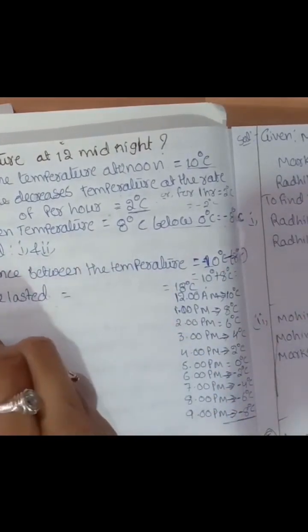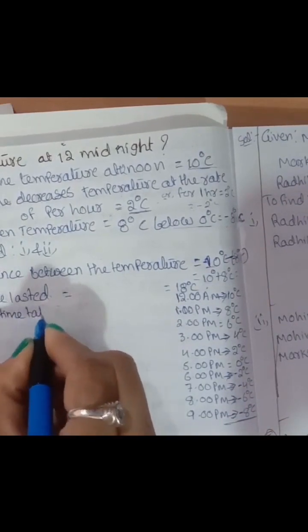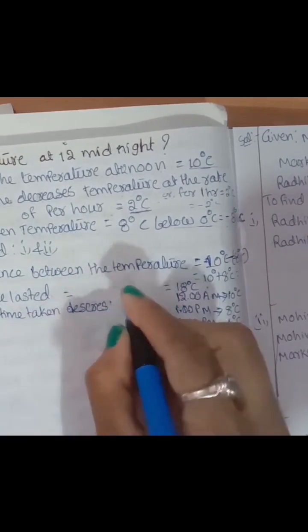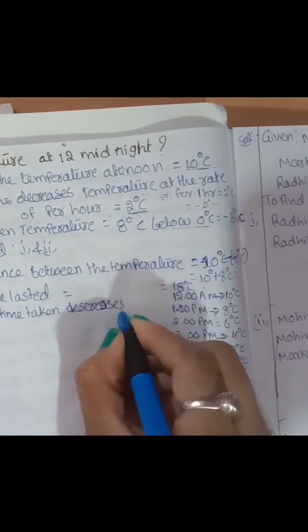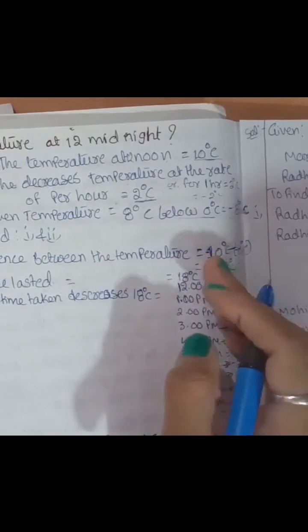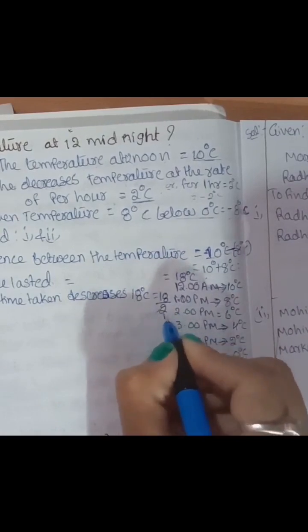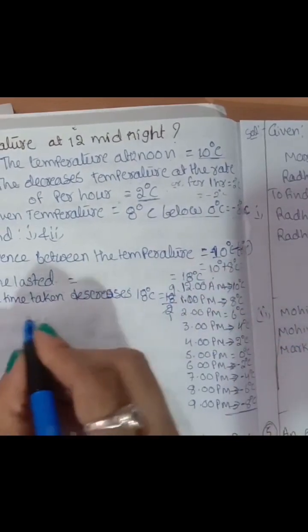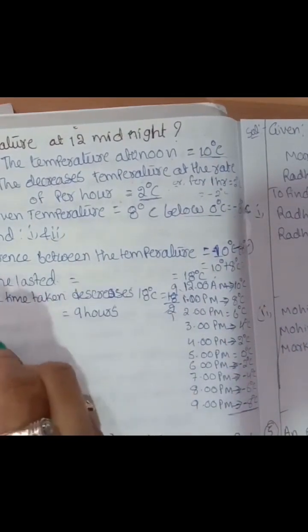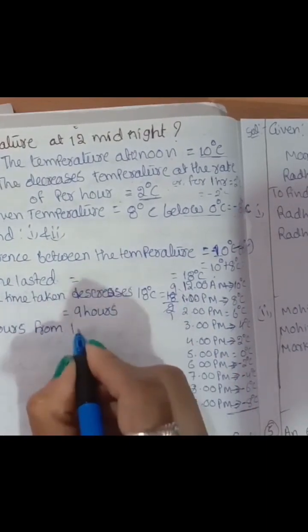The temperature decreases 2 degrees centigrade per hour, so 18 divided by 2 is 9 hours. The time is 9 hours from 12 noon.